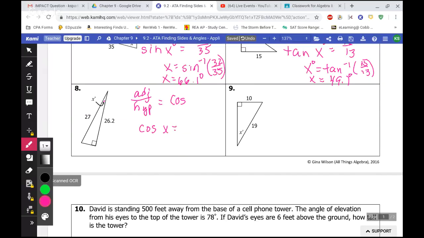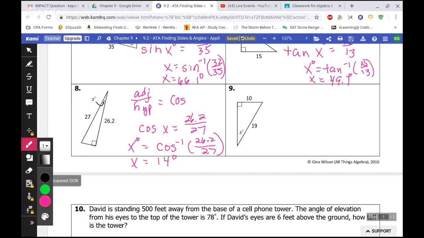Cosine x equals 26.2 over 27. So x equals inverse cosine 26.2 over 27. So what is that? No, that'd be 14. 14 degrees.